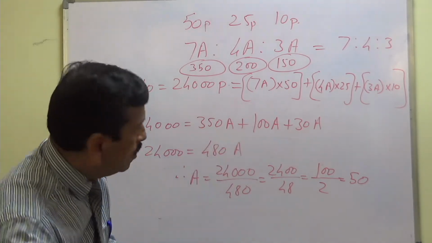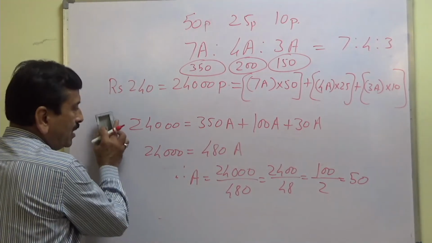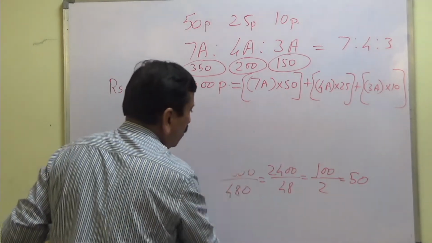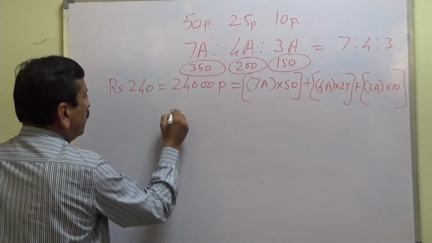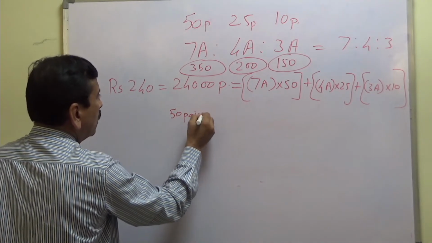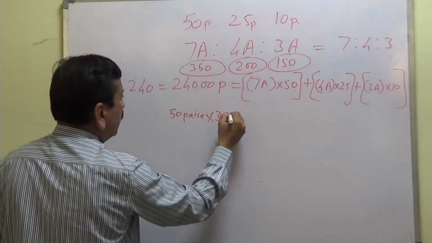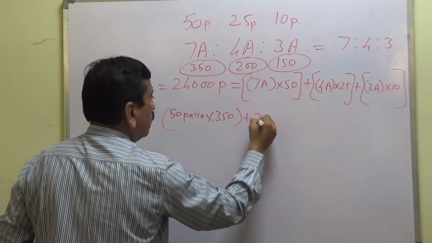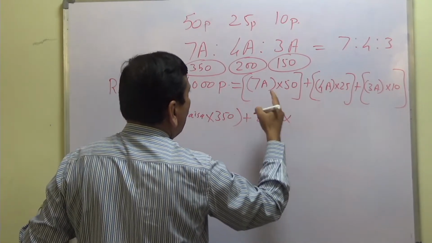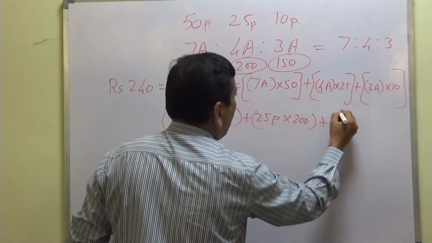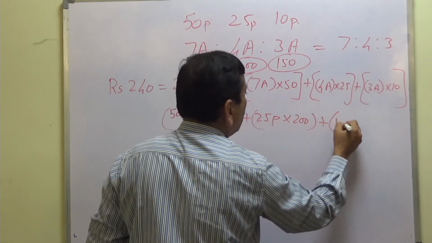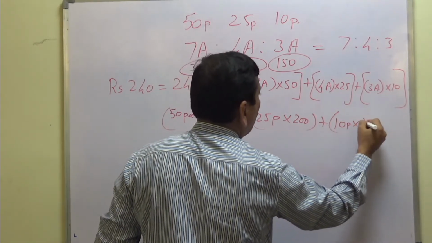Like 50 paise into 350 coins, 25 paise and such 200 coins, and 10 paise and such 150 coins.